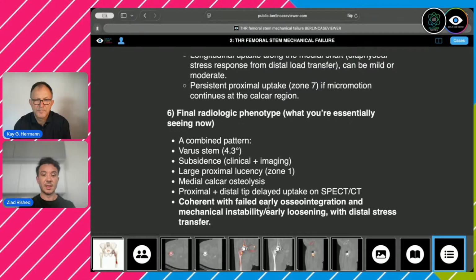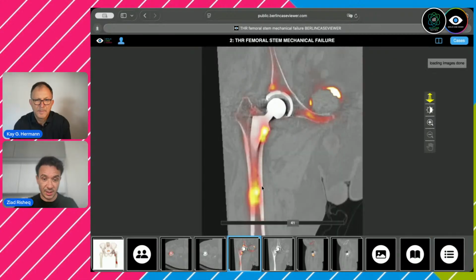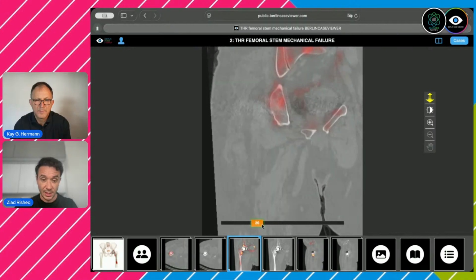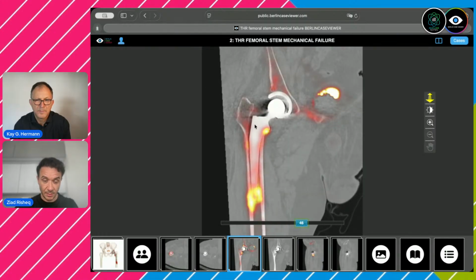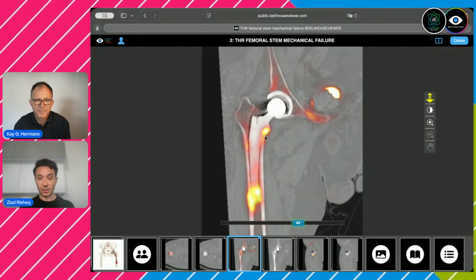So this was failed early osseointegration and mechanical instability with early loosening and distal stem stress transfer. So what you see here is this was fixed intraoperatively distally, but proximally it was very loose. So this patient had a redo fixation.